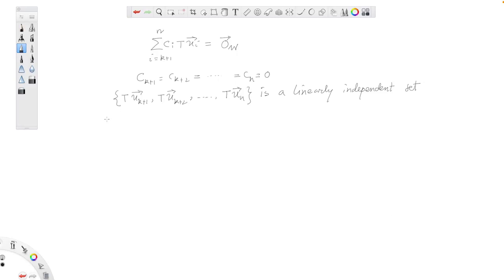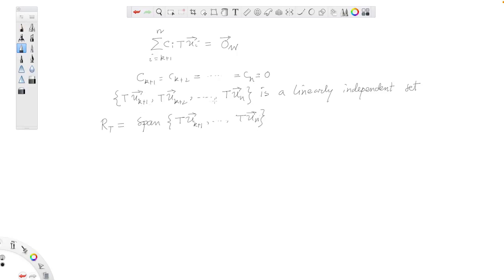Previously we saw that the range of T is the span of these n minus k vectors T uk plus 1 all the way up to T un.